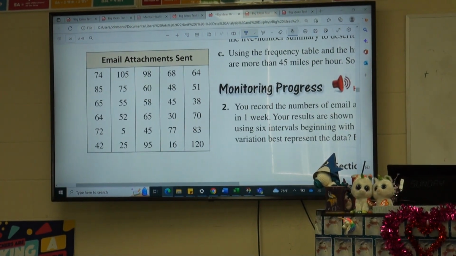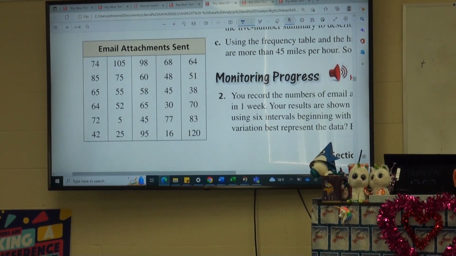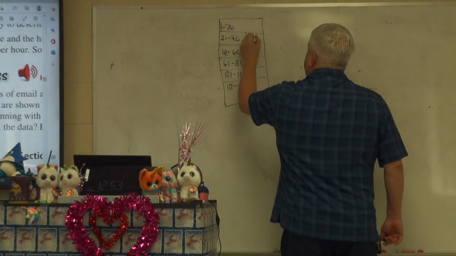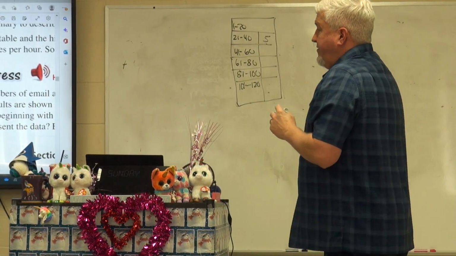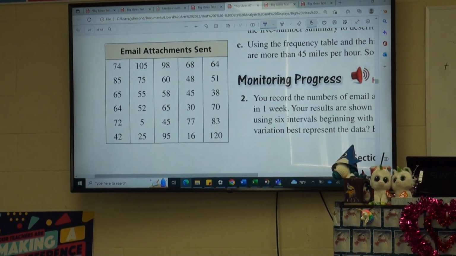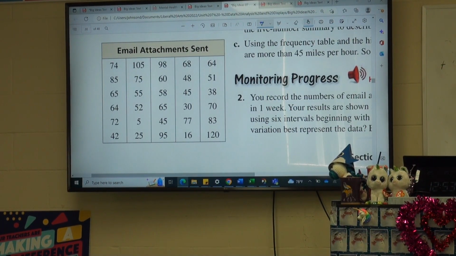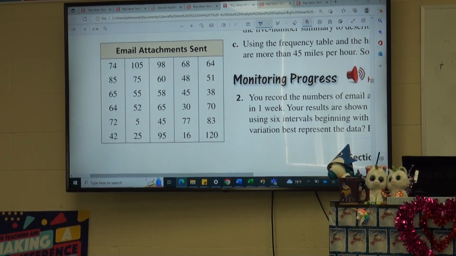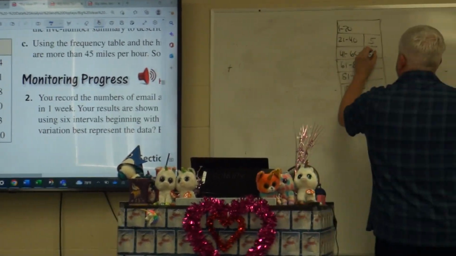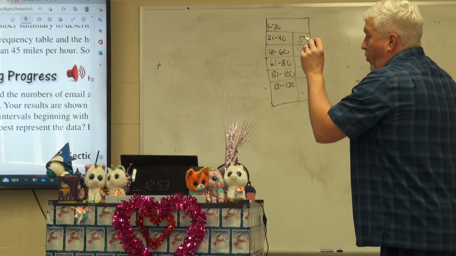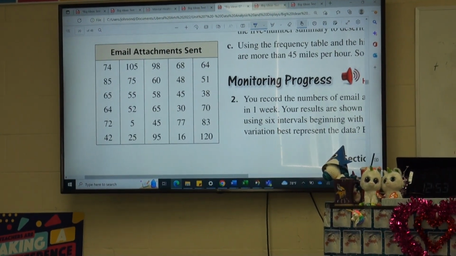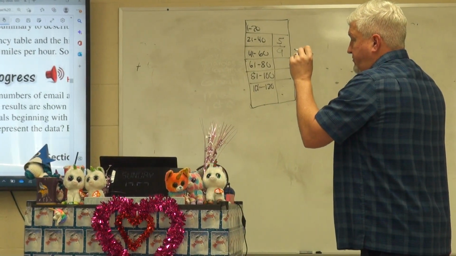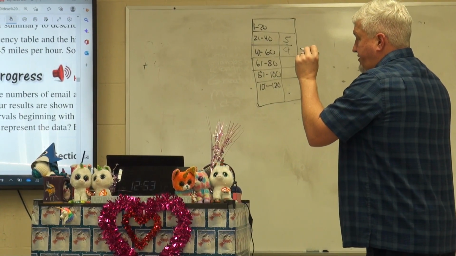I see 1, 2, 3, 4, I see 5. 41 to 60: 1, 2, 3, 4, 5, 6, 7, 8, 9, I see 9. 61 to 80: 1, 2, 3, 4, 5, 6, 7, 8, 9, 10. I see 10.